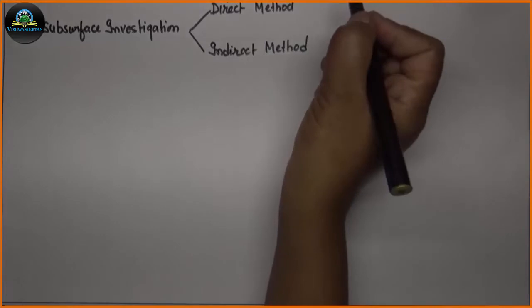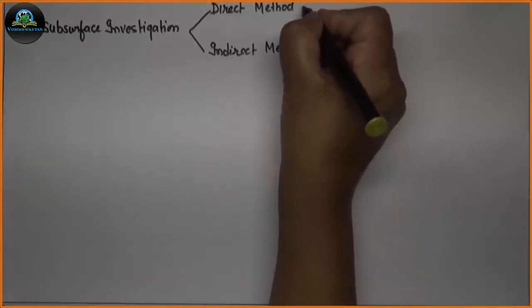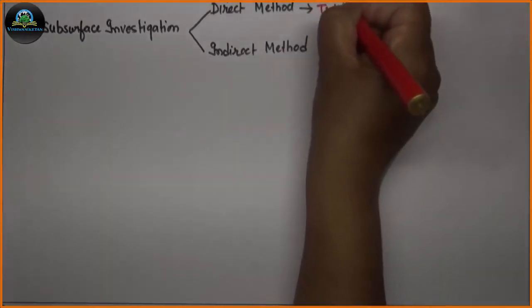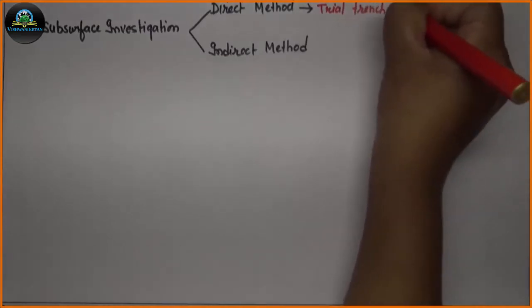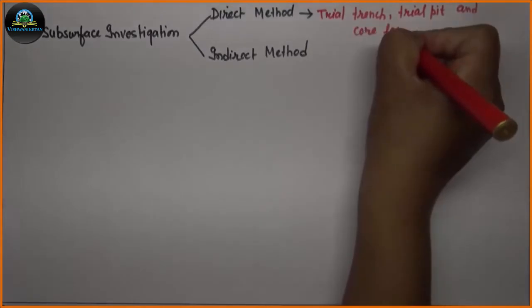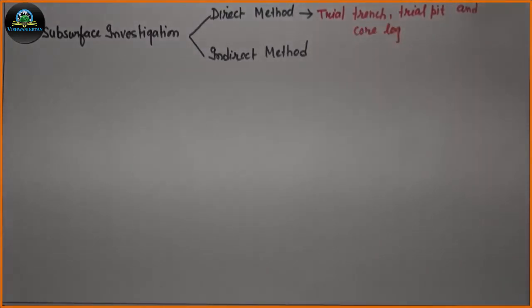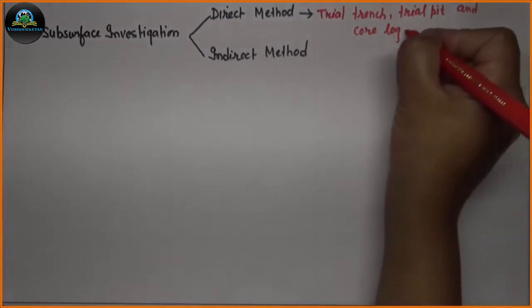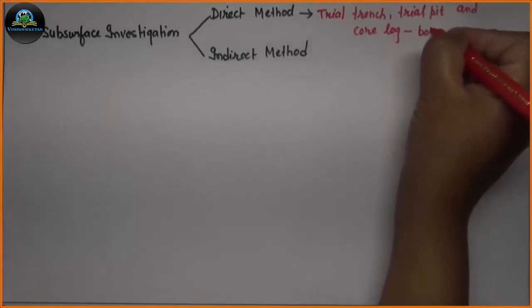The direct method includes trial trenches, trial pits and core logs, which are sometimes also known as borehole data.